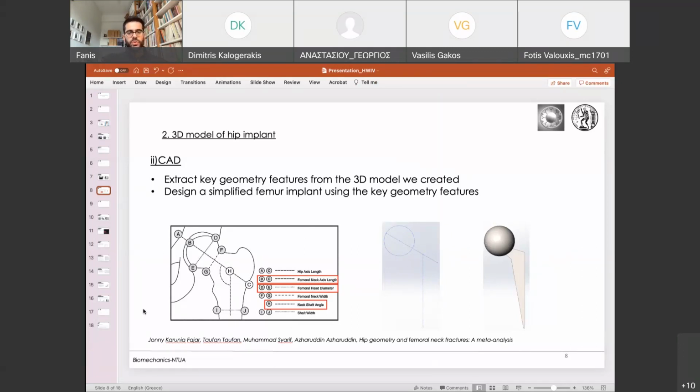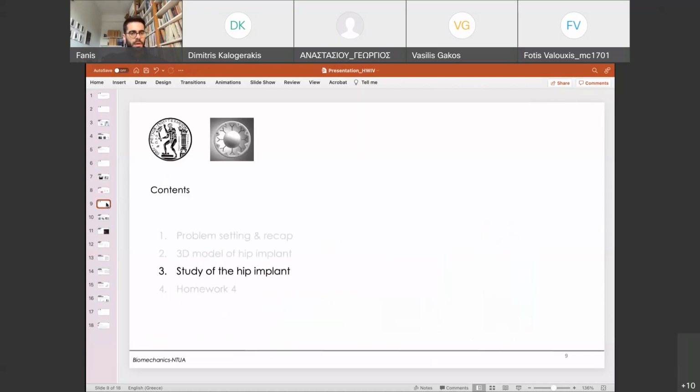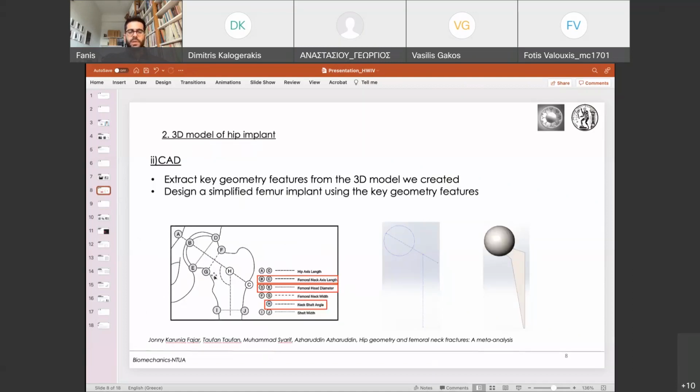So those are the dimensions you will need to measure. We will look into this in detail afterwards in SolidWorks, so I will show you how you can create the 3D model.